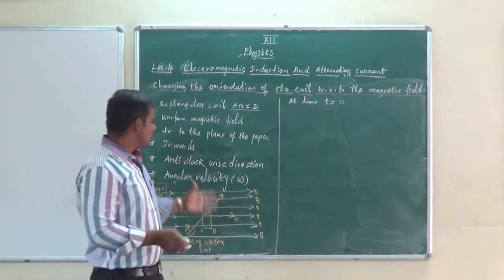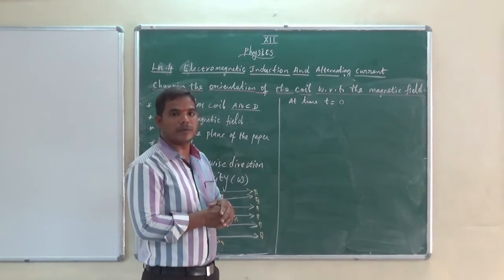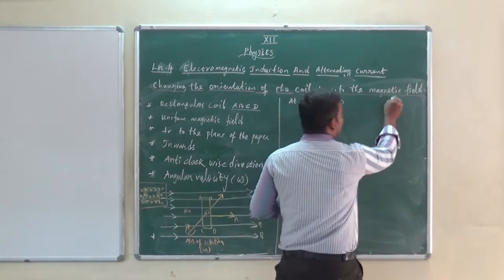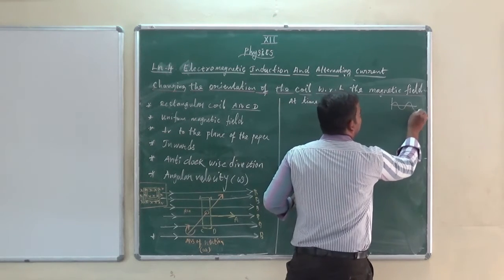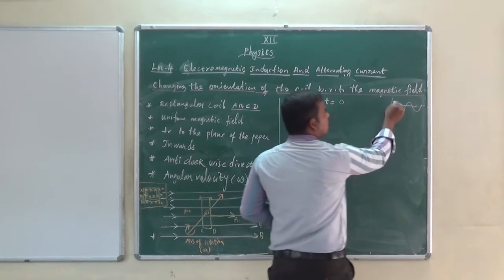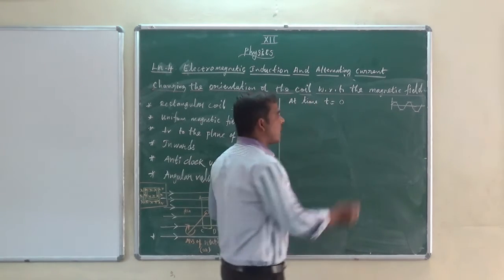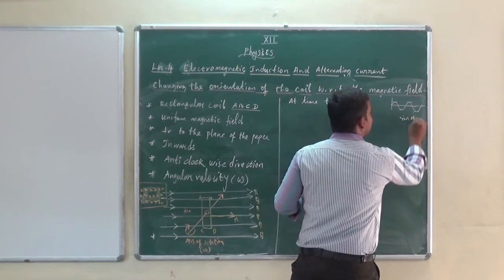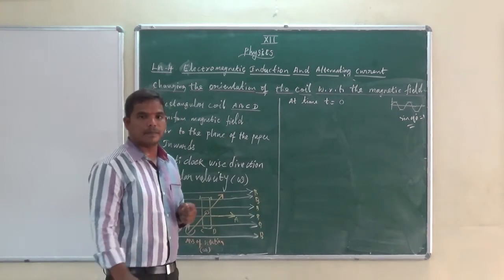At time t equal to 0, it produces maximum EMF, as on the sine curve. I draw the sine curve. This is the maximum position, and the other side is also a maximum position. So sine 90 equals 1.